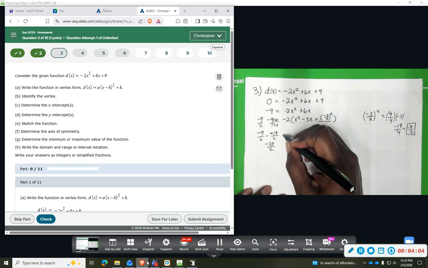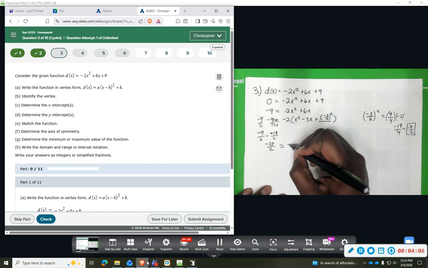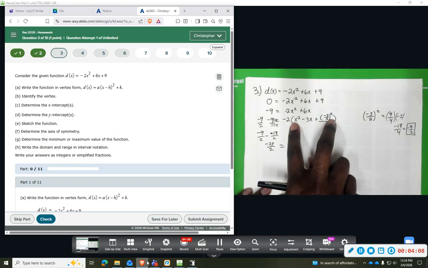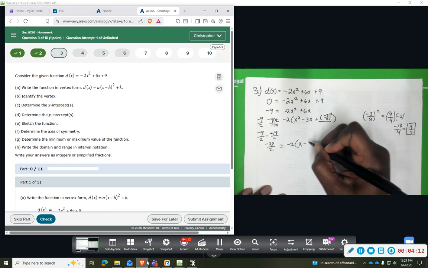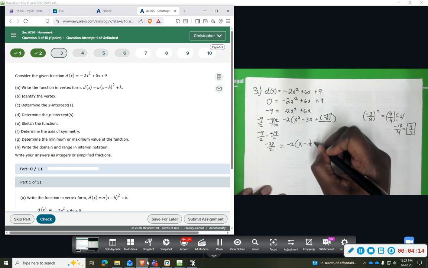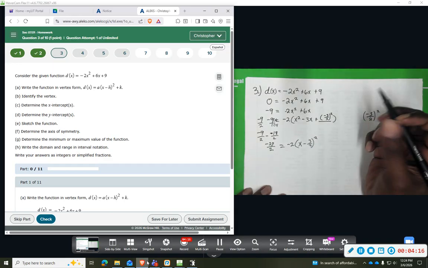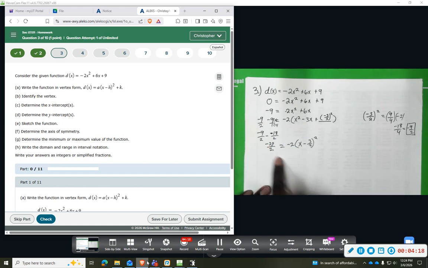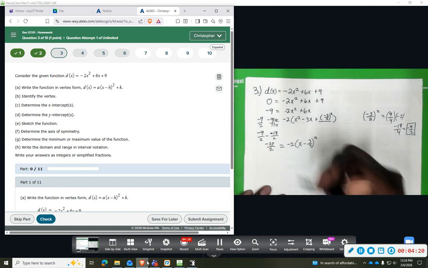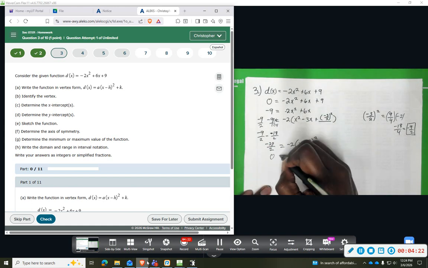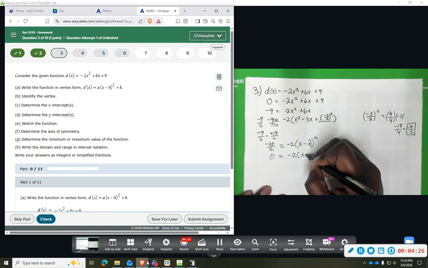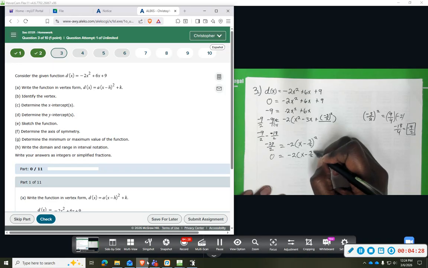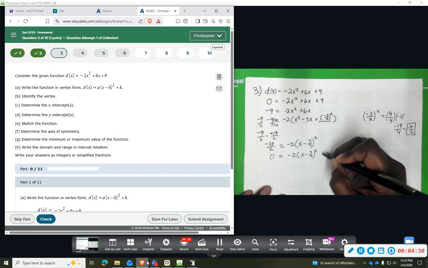And then on this side, when we factor it, remember the negative 2 on the outside. Take the 2 square terms, put them together. X minus 3 over 2, quantity squared. And then we're going to move this term back over here, so that'll be my k. So then we have 0 equals negative 2 times x minus 3 over 2 squared plus 27 divided by 2.